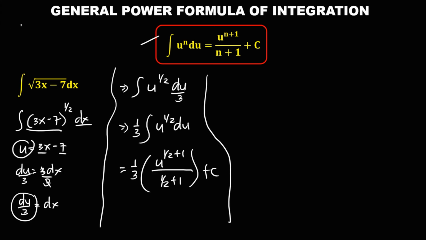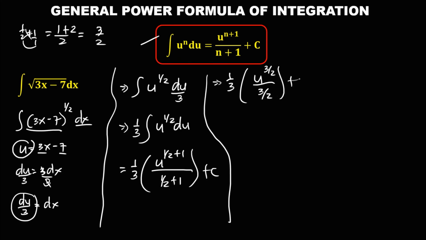Since this is 1 half plus 1, over 1, multiply, that's 1 plus 2 over 2, so that's 3 over 2. So this becomes 1 over 3 times u to the power 3 over 2 over 3 over 2, then plus c.